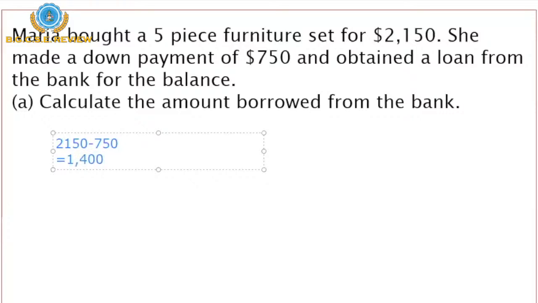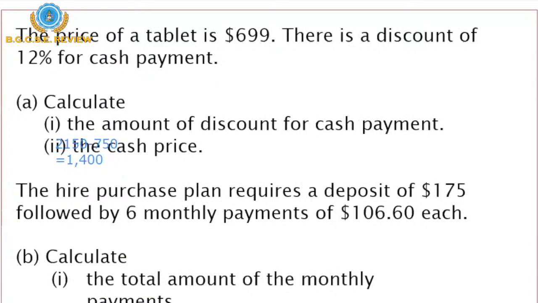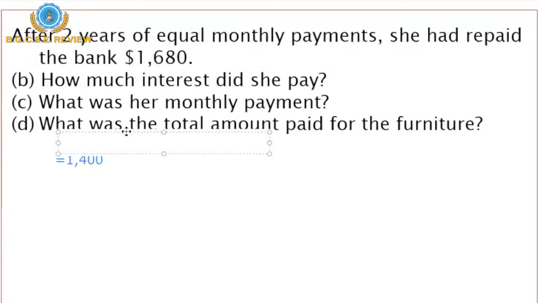Now let's go ahead and work on the next part of the question. All right, so let me go back to my texts. That was part A. Let's look at part B now. They say to me, part B, after 2 years of equal monthly payments, she repaid the bank $1,680.